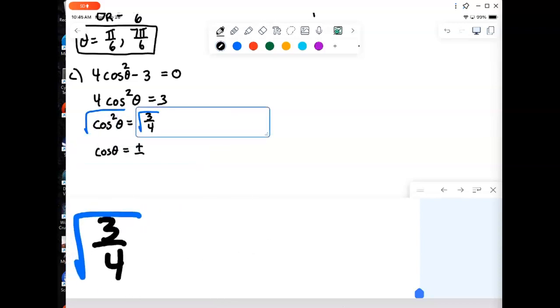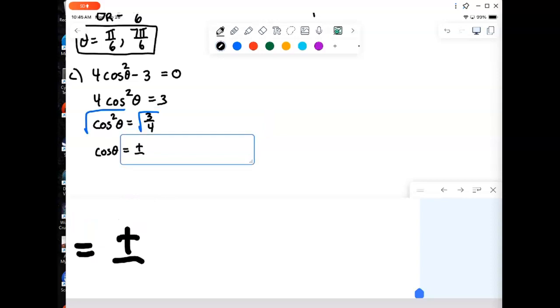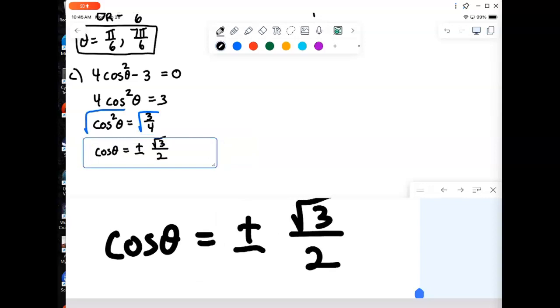Then we simplify the other side: square root of 3/4 would be square root of 3 over square root of 4, which is 2. So we have cosine theta equals both positive square root of 3 over 2 and negative square root of 3 over 2.